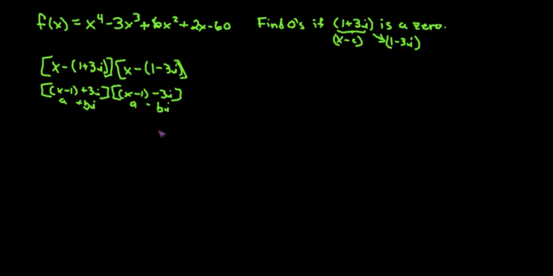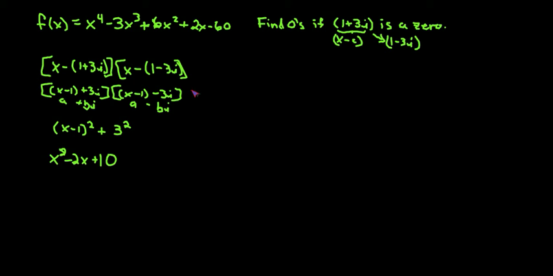And again, our shortcut for that said, take a, which is x minus 1, square it, take b, which is 3, square it, add those two things up. So once I do that, I can do the square here, and then do 3 squared, which is 9, and add that 9 to the one that's already here, and I get 10.